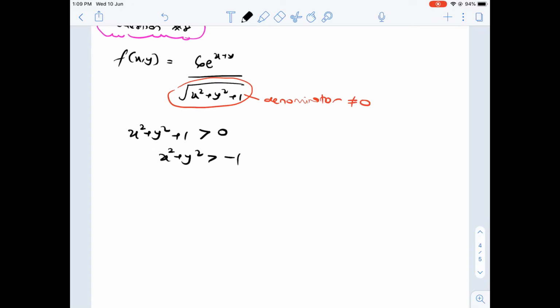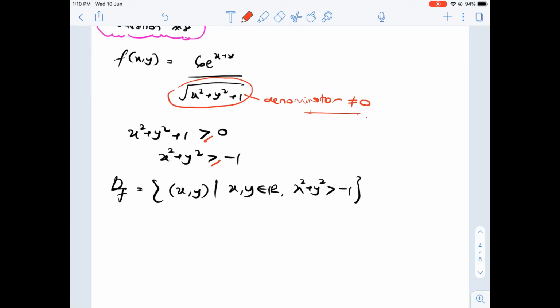So therefore the answer would be (x,y) such that x and y are elements of the real numbers, but x squared plus y squared greater than negative 1. Okay, in this question we cannot have the equal sign, because if we have the equal sign, it means we will get denominator equal to 0.